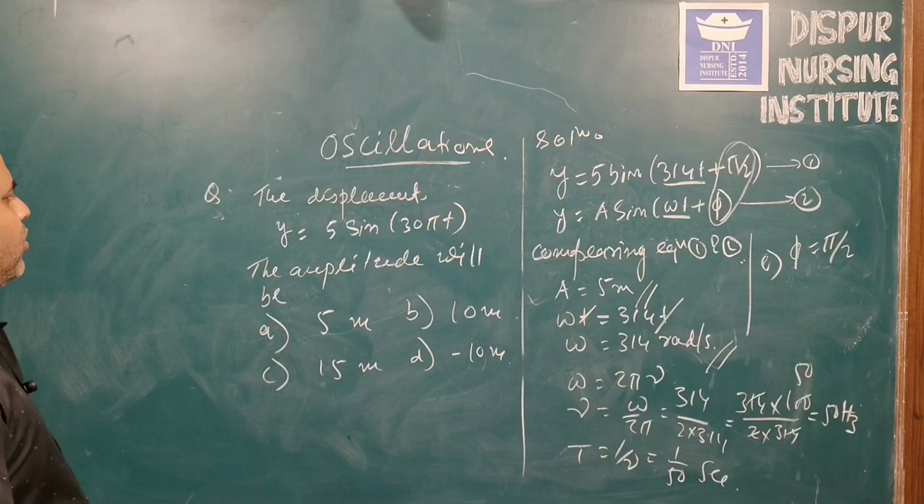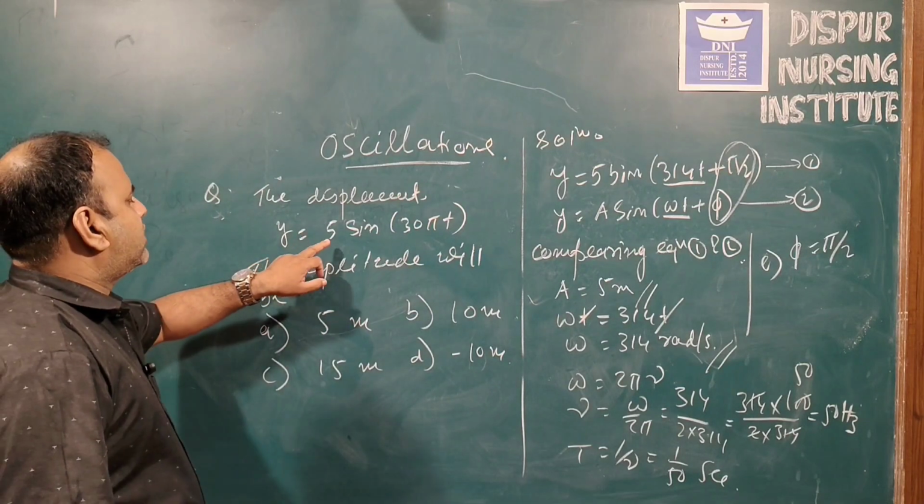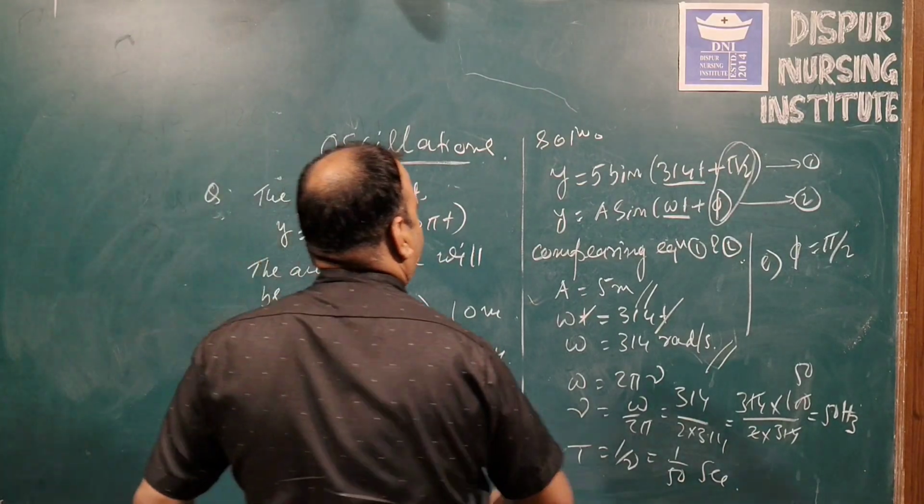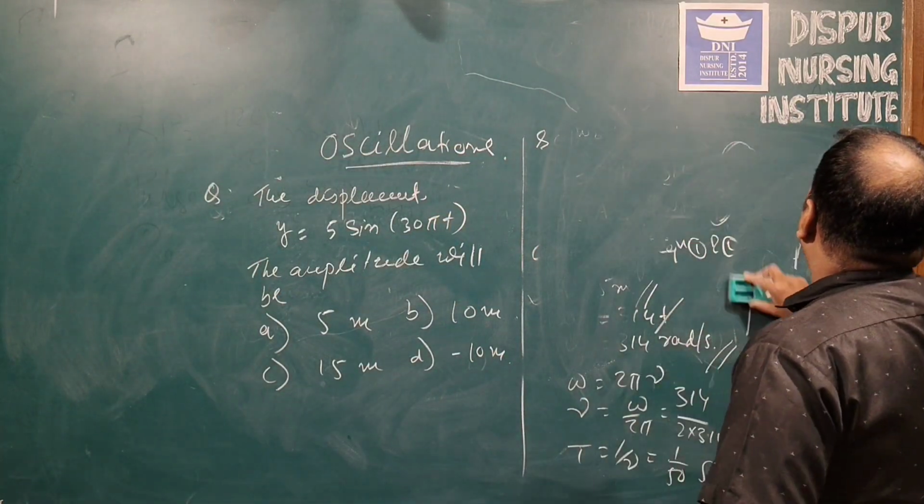So you can see, the normal equation you already know. So how can we solve it?